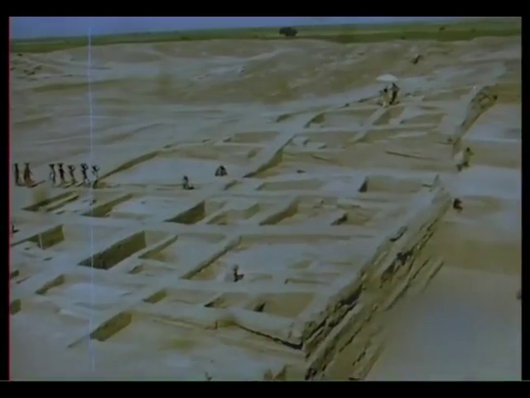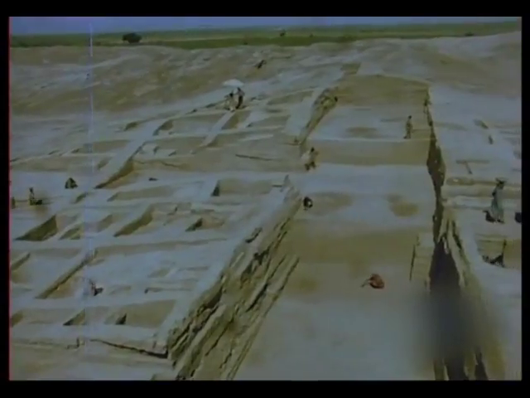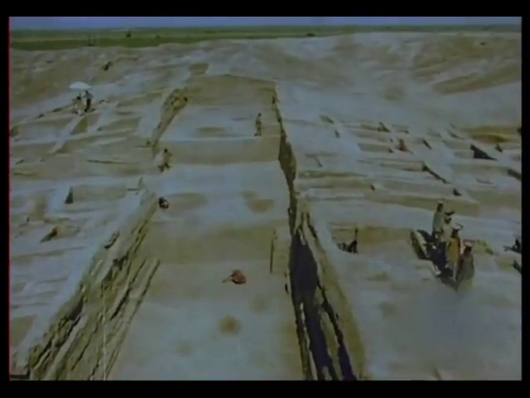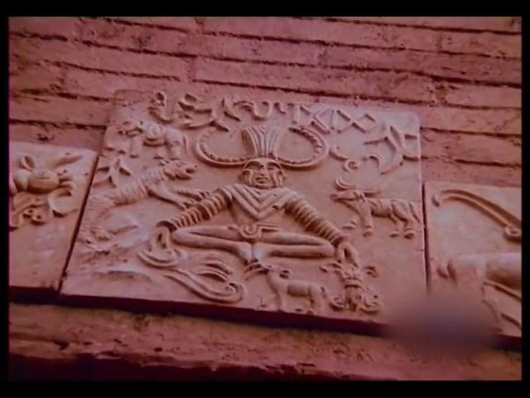Apart from this, we must also remember that the Harappan civilization, which in fact started around 3500 BC and continued for many centuries, was a civilization in which people knew the art of writing.